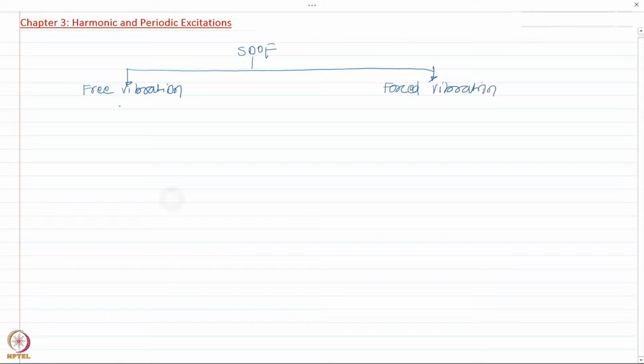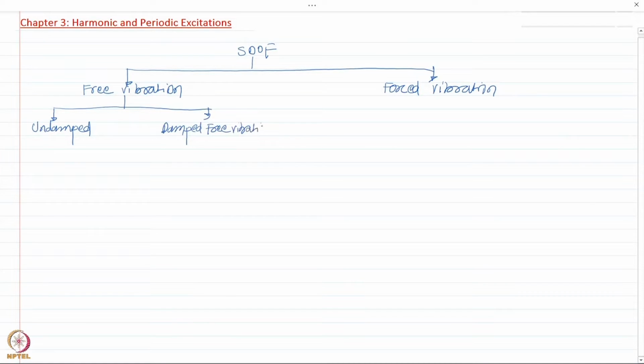Free vibration can be categorized as undamped free vibration, and then there would be damped free vibration.